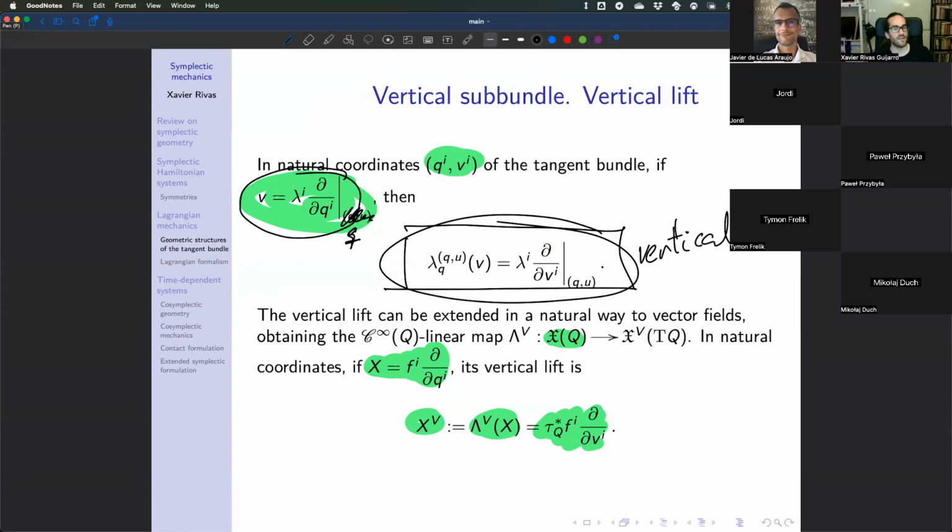This is a vertical vector. That's why this is called a vertical lift. And of course, this can be extended to vector fields in Q. So we can lift a vector field in Q to a vertical field in TQ.